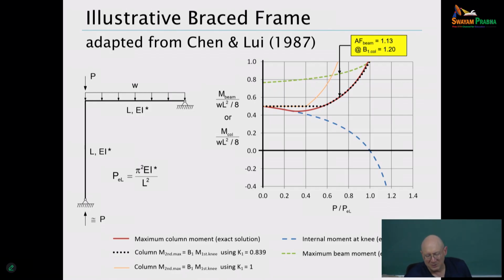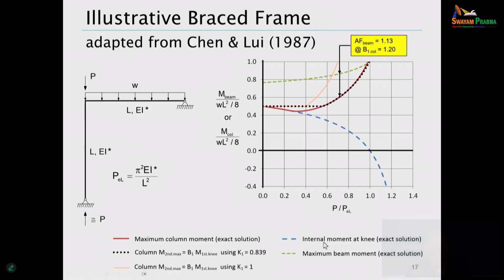That would give us the orangish looking curve where we'd get the same effects until we get out to about 0.4 for P over PL, and then B1 would become larger than 1, but it's very conservative because we used k equals 1 in the amplifier. So if you definitely had a case like that, you could get a much better estimate by calculating a k factor and using that in the amplifier.